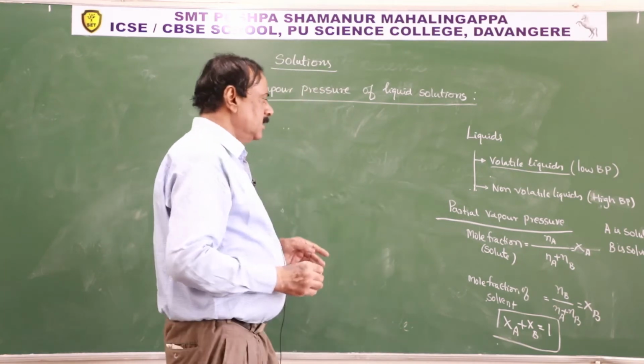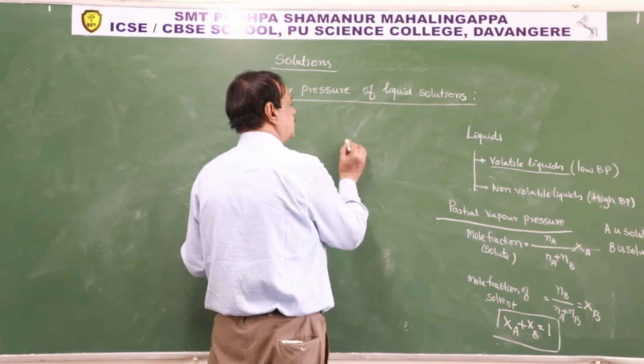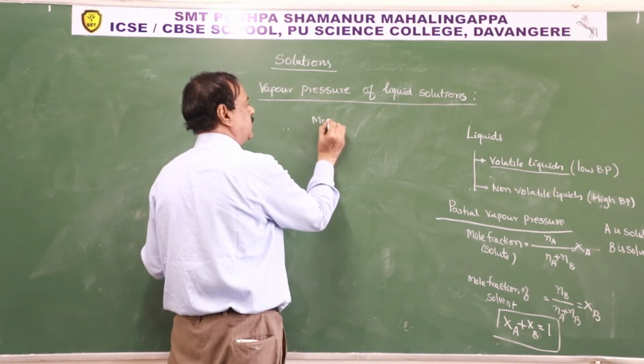Therefore the sum of the mole fractions of the total components of the mixture is always equal to 1. Now, what do you mean by partial pressure? Partial pressure is equal to mole fraction into total pressure.